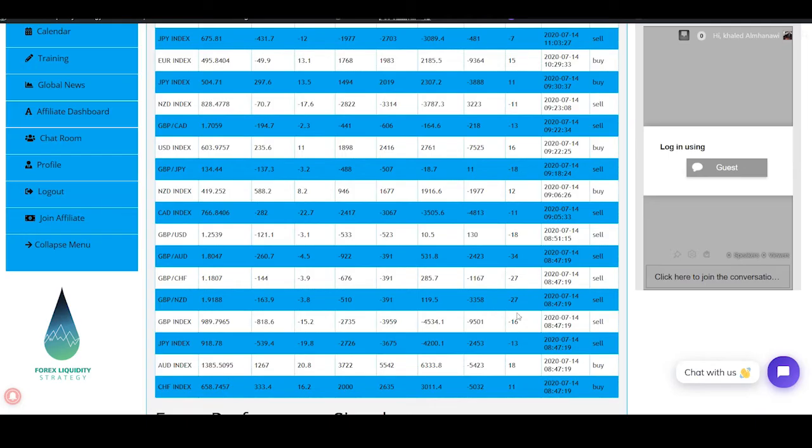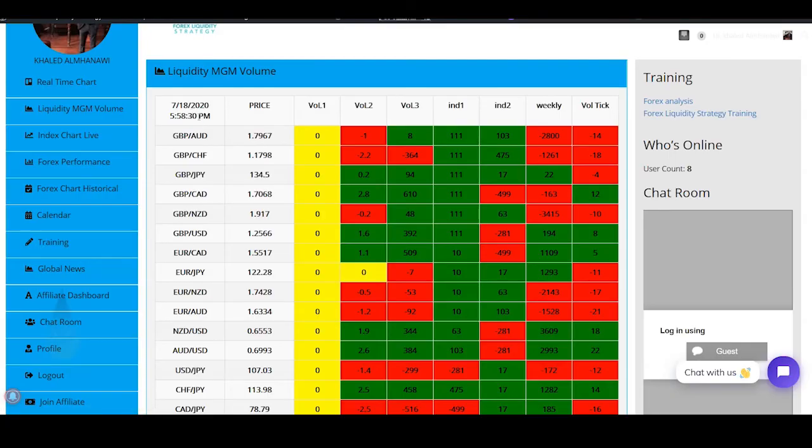So you need to make sure your MetaTrader 4 is adjusted, or know the difference between GMT plus 2 and your MetaTrader. You can see that through our dashboard here. You can see the time and the date in here. The time I recorded the video is GMT plus 2.